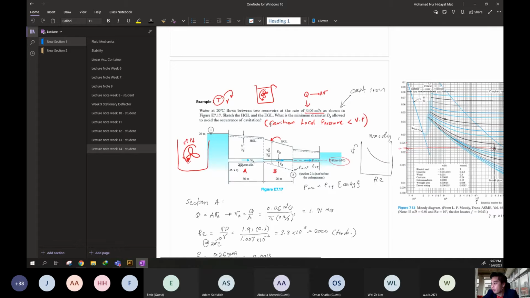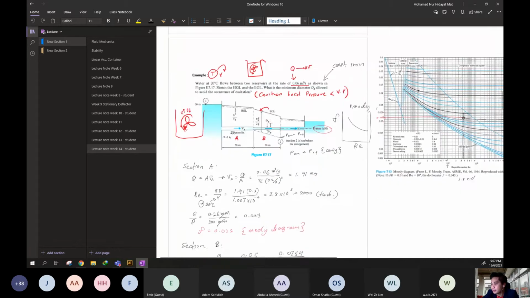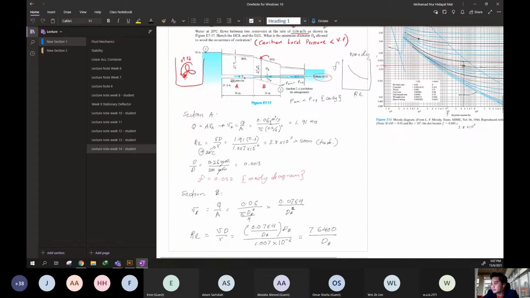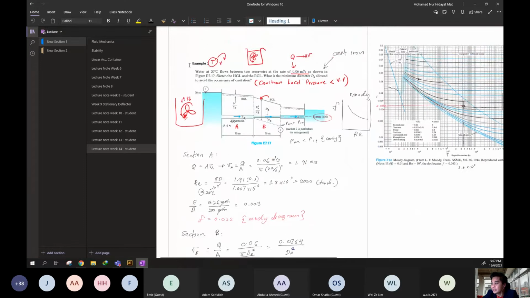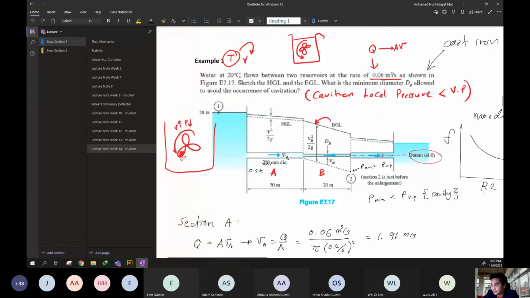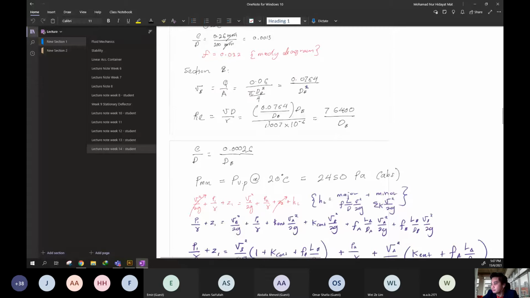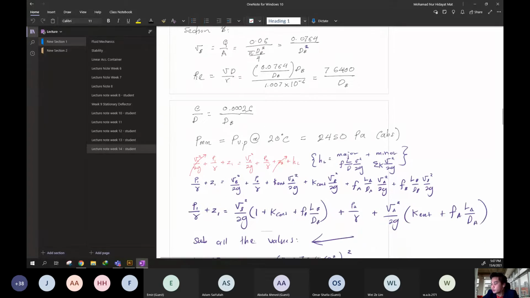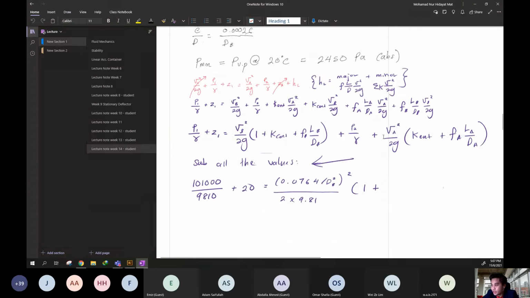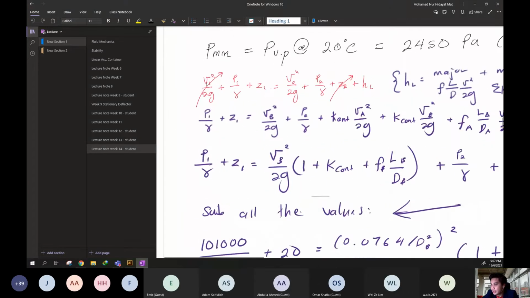So when you refer to the table, you will find that the absolute vapor pressure at 20 degrees Celsius is 2450 Pascal. This is absolute, so you need to use the absolute unit.